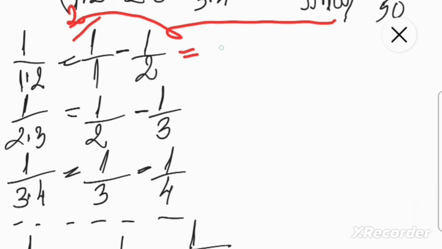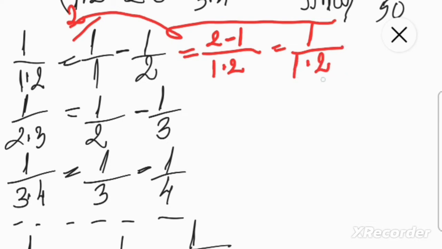So we have 2 minus 1 over 1 times 2, which is equal to 1 over 1 multiplied by 2, which is exactly the initial fraction, only that we have rewritten it in this way.